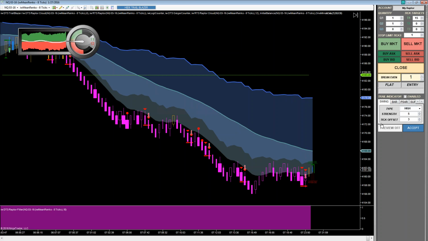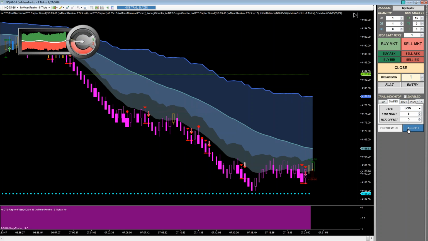If we get a soft edge buy, what I'll do is I'll throw in a buy order just for demonstration purposes. So I've got my stop enabled. We've got the higher swing low. That's the first part. Now what I'm doing is I'm waiting on the buy signal. No, not yet.